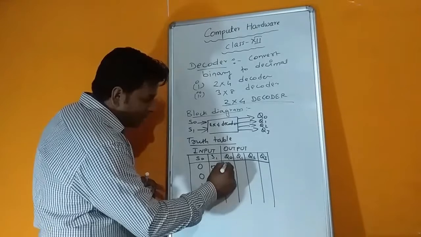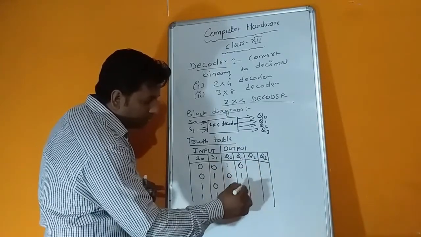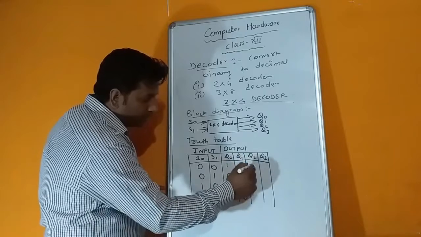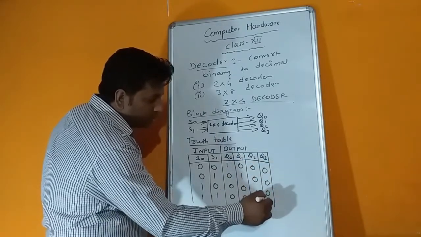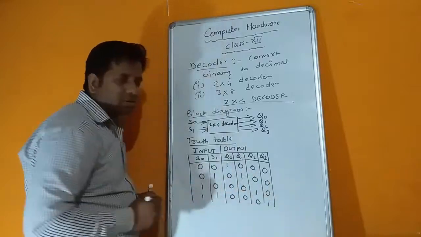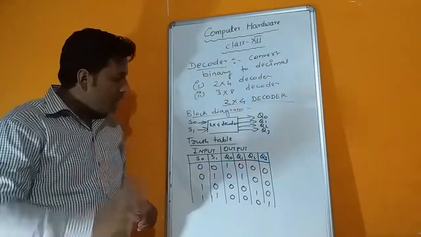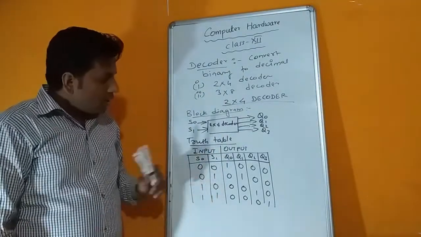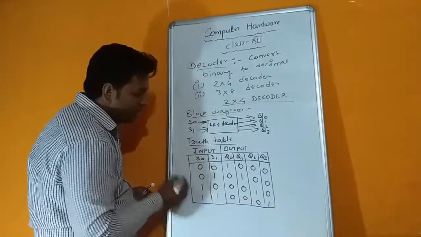So here I'm just giving 1, rest all 0; here 0, 1, 0, 0; here 0, 0, then 1, 0; 0, 0, 0, 1. You can see the diagonal part is 1, rest all values will be 0 in case of output. Is this clear this much? So this is the truth table.